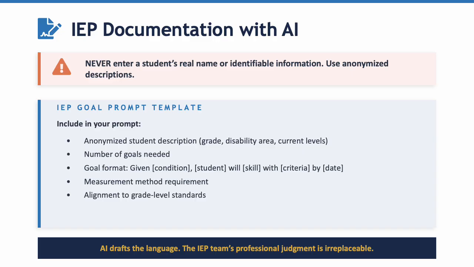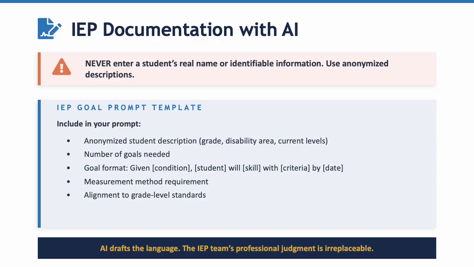Goals should be measurable and aligned to grade level standards. Use the format: given condition, student will specify the skill here, with specify the accuracy and criteria, by specify the date, as measured by specify the assessment method.